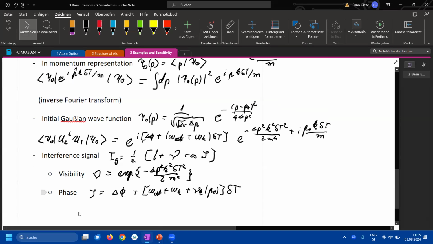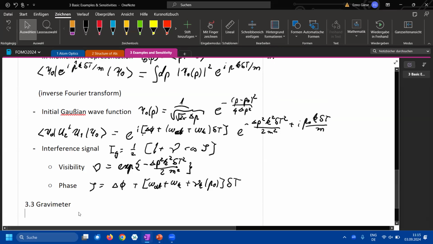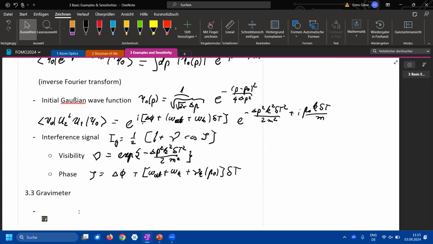The third example is a gravimeter. And as we just said, it's bad to have an open interferometer. Actually, you want to mitigate that. So let's just build it symmetric. So that also implies that we don't have any clock phase anymore.